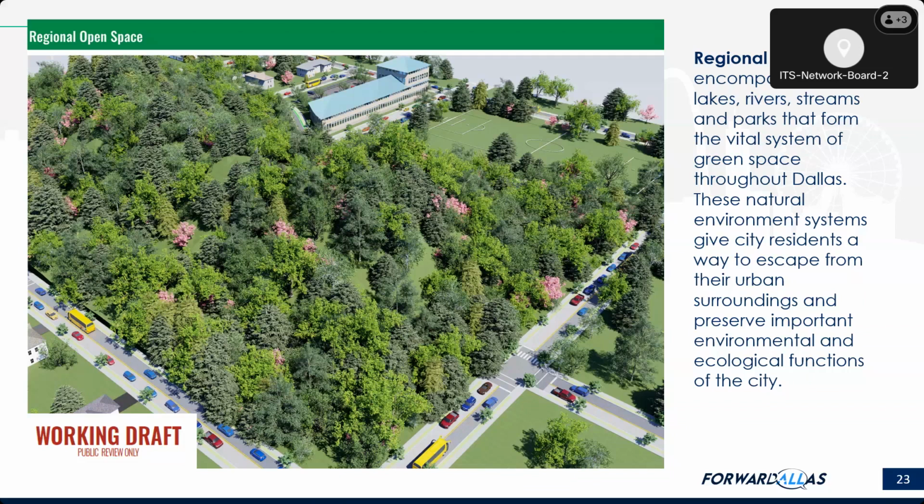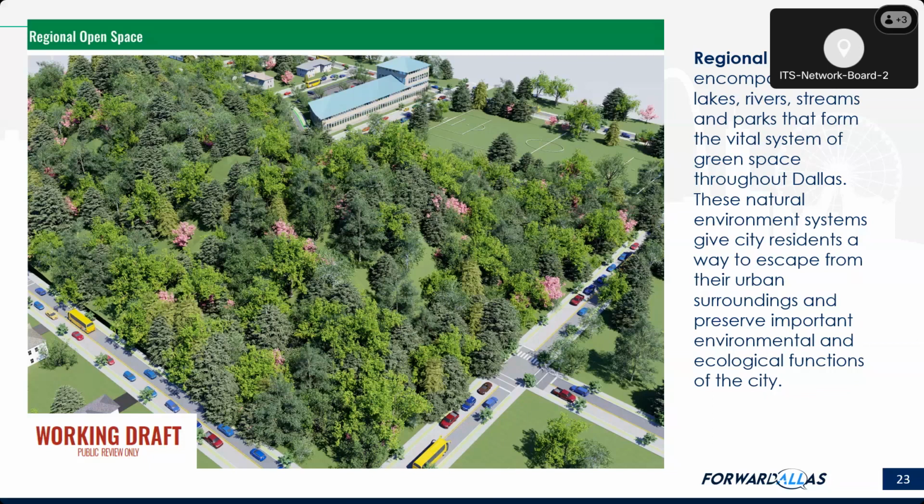So we have 12 place types in the city. I want to go from the least dense to the more dense, the more industrial-focused ones, and I'm not going to read all this in depth. I want to give a quick overview of what these are. So one, regional open space. That's more of a larger green infrastructure for the city, talking about parks, rivers, streams.